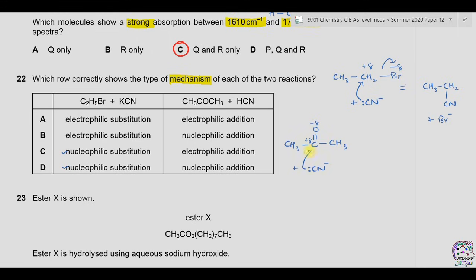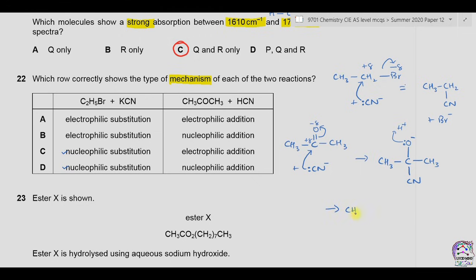When cyanide attacks the carbon atom, these electrons will move towards the oxygen atom. The product formed is CH3C CH3, with CN attached to the carbon atom. Oxygen becomes negatively charged and then oxygen attacks the H positive and becomes alcohol.